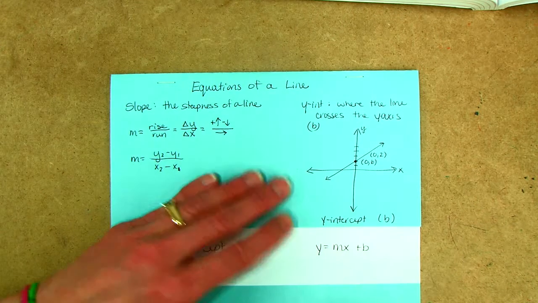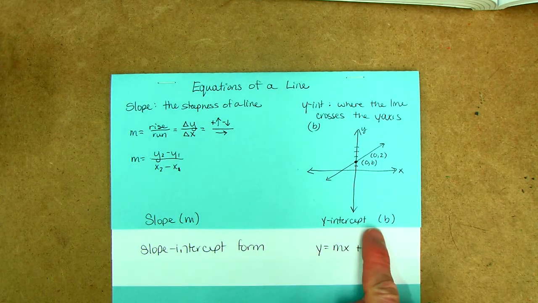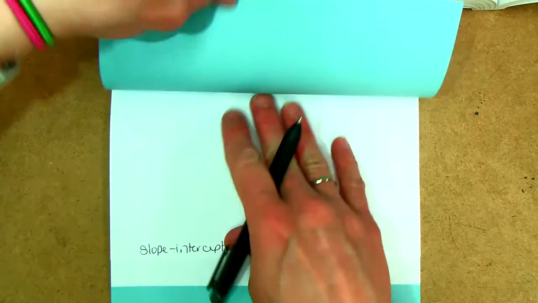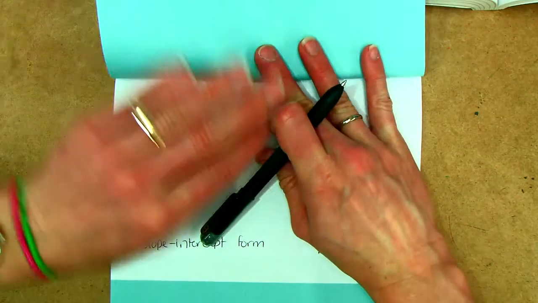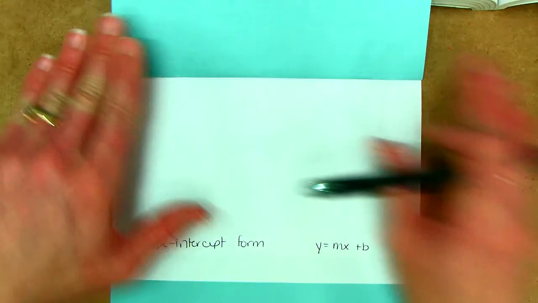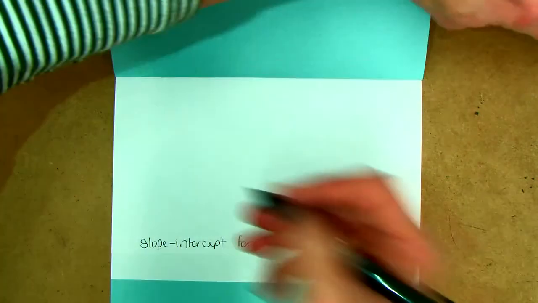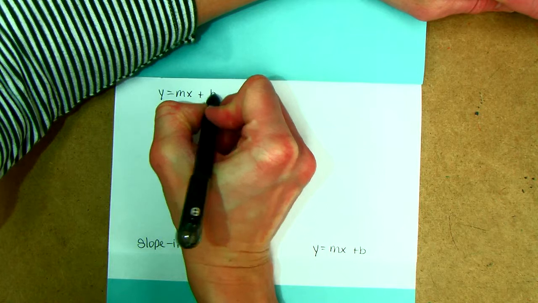Okay, so we're going to flip that one back, and we are going to talk about, if we are given an equation in slope-intercept form, how do we graph it? One more thing, just going to write it up here again, which is y equals mx plus b. Now, that number, oftentimes a fraction in front of the x, is your slope.